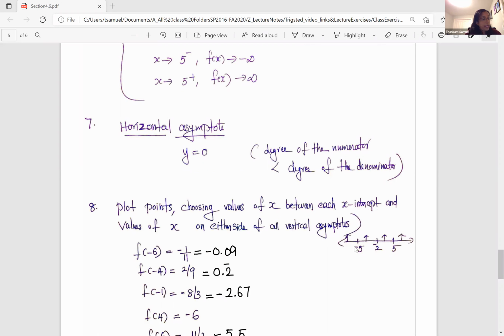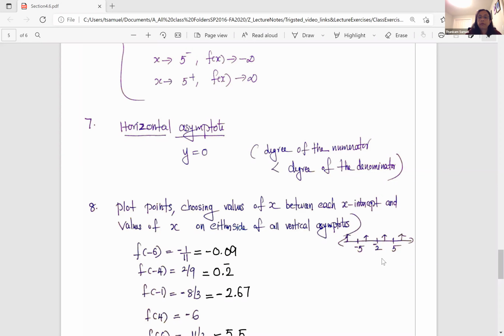So we know that the x-intercept is -5, and the vertical asymptotes are -2 and 5. So we need to take some values between and beyond these x-intercepts and vertical asymptotes.